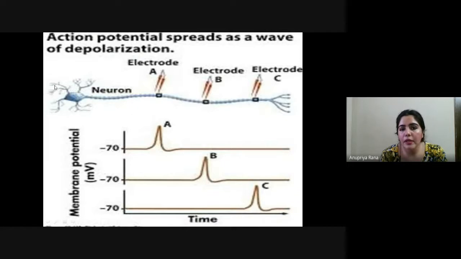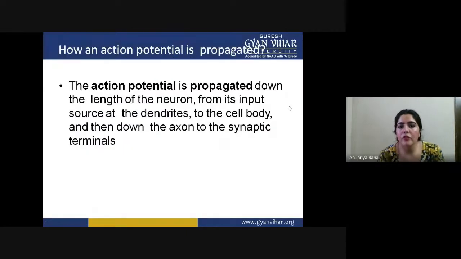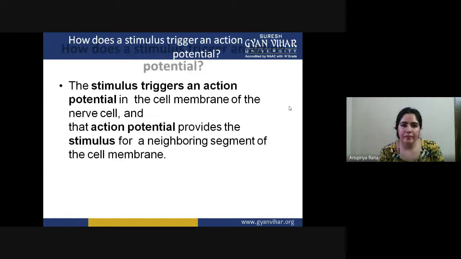So from the primary dendrites to the terminal point of the axon, in this way the action potential is conducted and transfers an impulse. This whole process of propagation of the action potential starts from the input source at the dendrite and is carried out up to the axon's synaptic terminals.